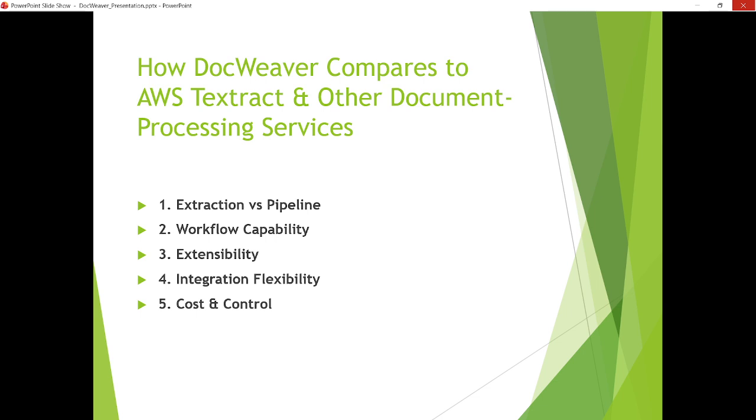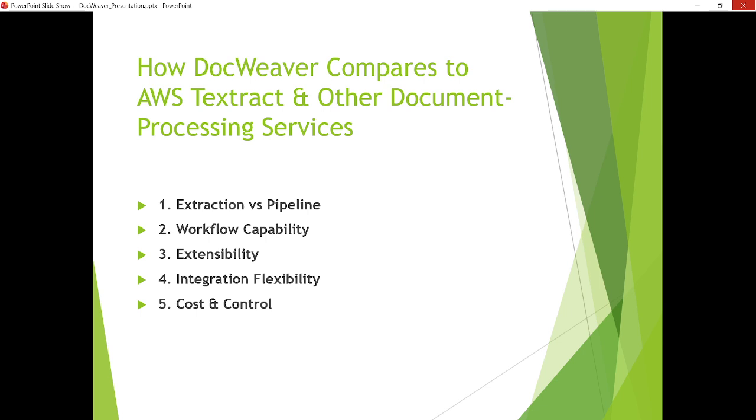But with DocWeaver, we solved completely different problems. As we saw through the demo, DocWeaver is not just an extraction engine, it's an end-to-end document processing pipeline. It handles the entire life cycle from upload to extraction to approval workflow to export to system integration and even document search.